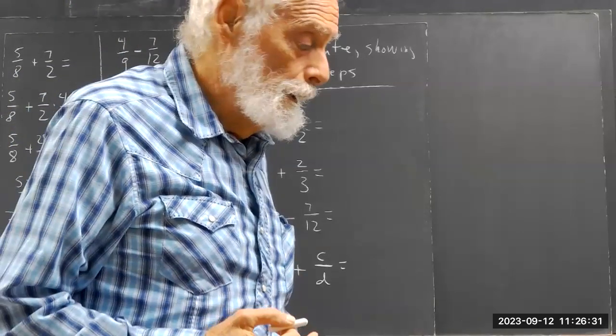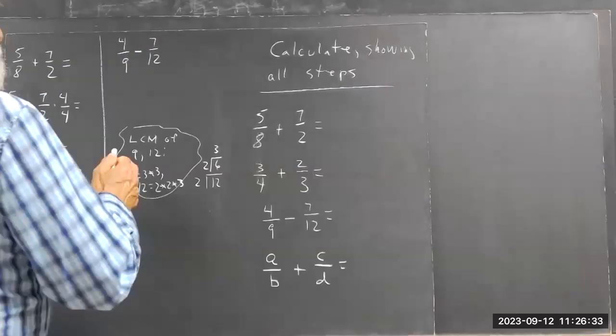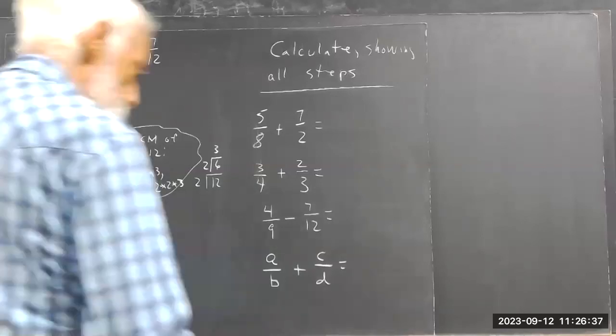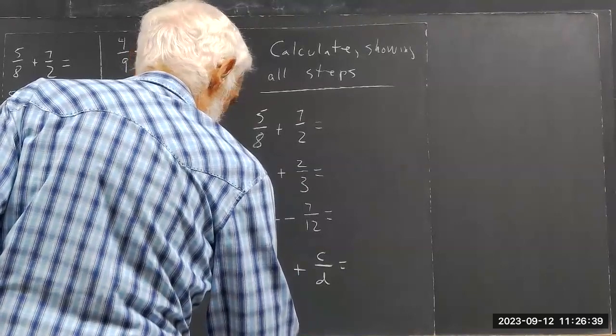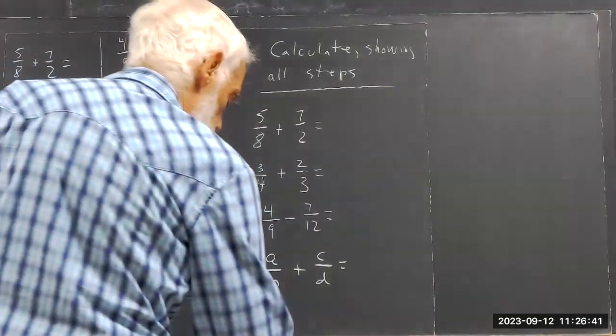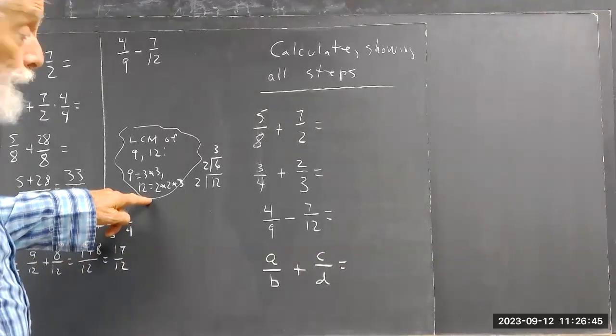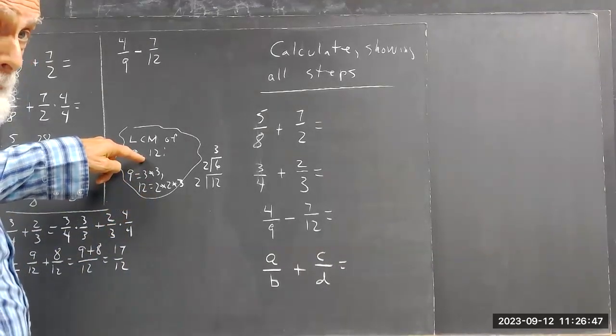Okay, so what's the least common multiple? Well, the least common multiple's got to have everything in it that this one has. It's got to have everything in it that this one has.